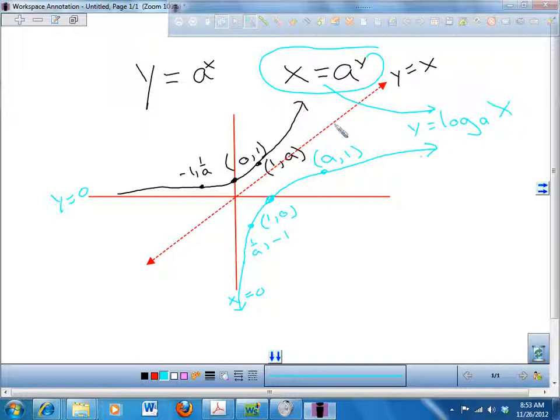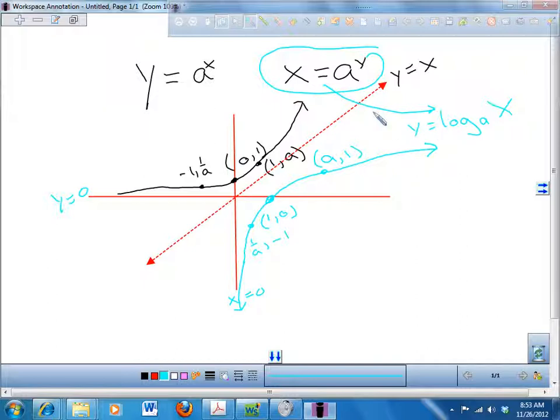Is that x like an exponent or is it like a base? No, it's not an exponent. It's down below.